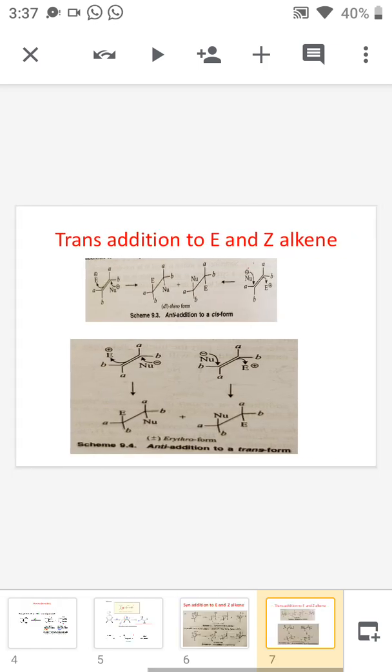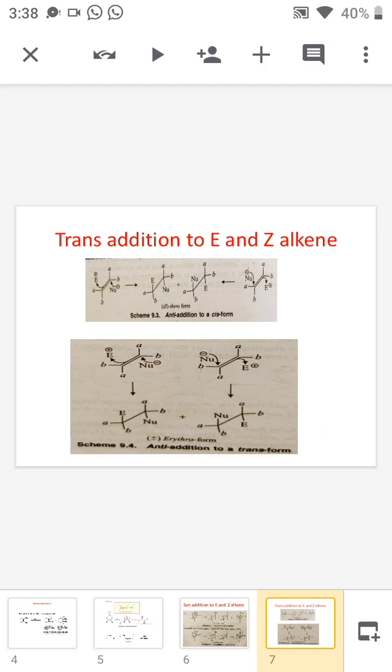Now we will discuss the trans addition to E and Z alkenes. Trans addition means a polar molecule is added in the opposite direction to an alkene, and the alkene must be either E or Z. And I am repeating, E alkene means the substituents attached to the doubly bonded carbon atoms are on different sides, whereas in the Z alkene the similar groups attached to the doubly bonded carbon atoms are on the same side.